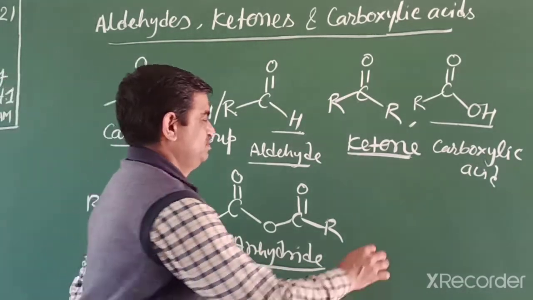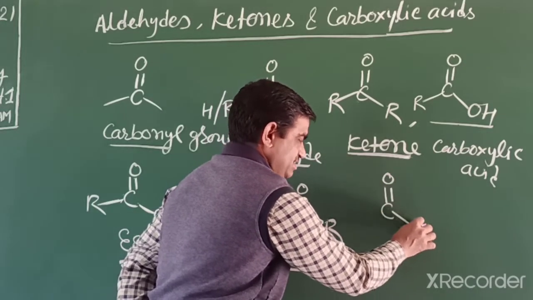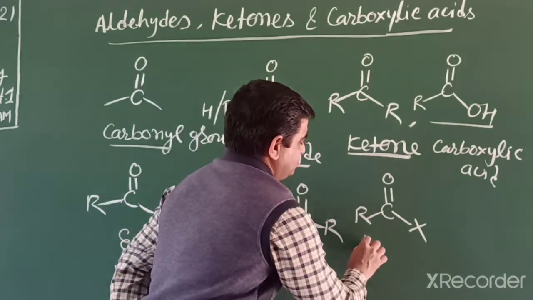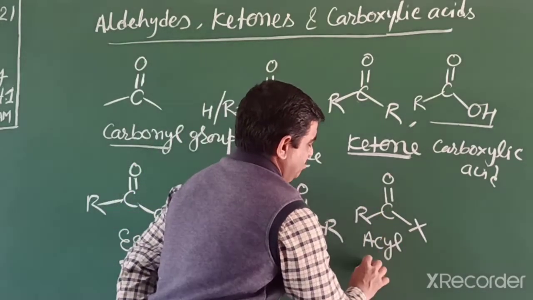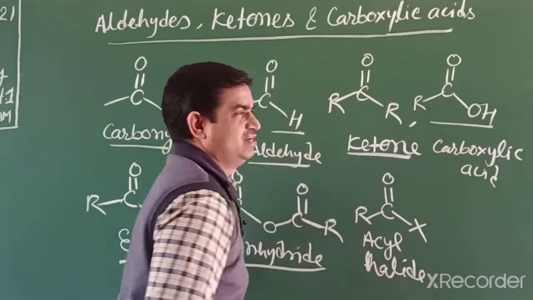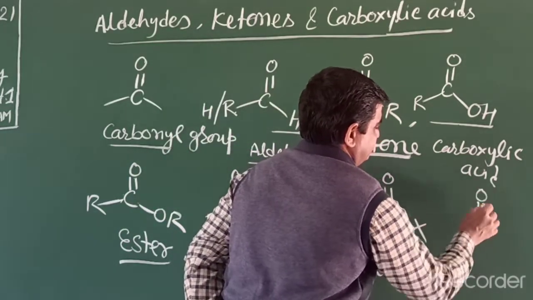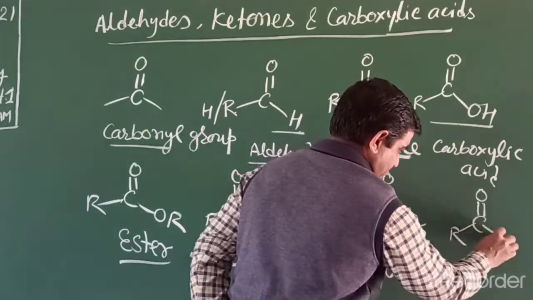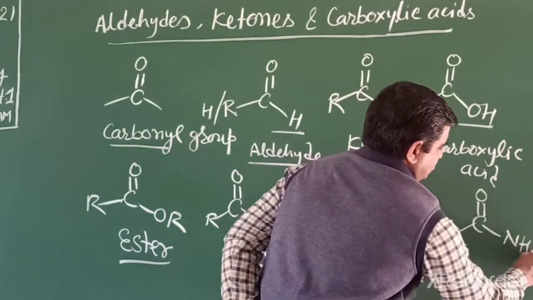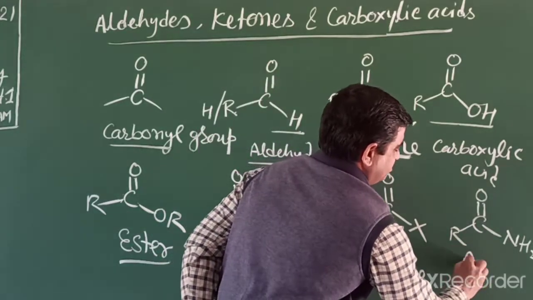Another, if this carbonyl group is attached to any halogen, then it is known as an acyl halide. If this carbonyl group is attached to nitrogen like this, NH2 or NHR, that is an amide.